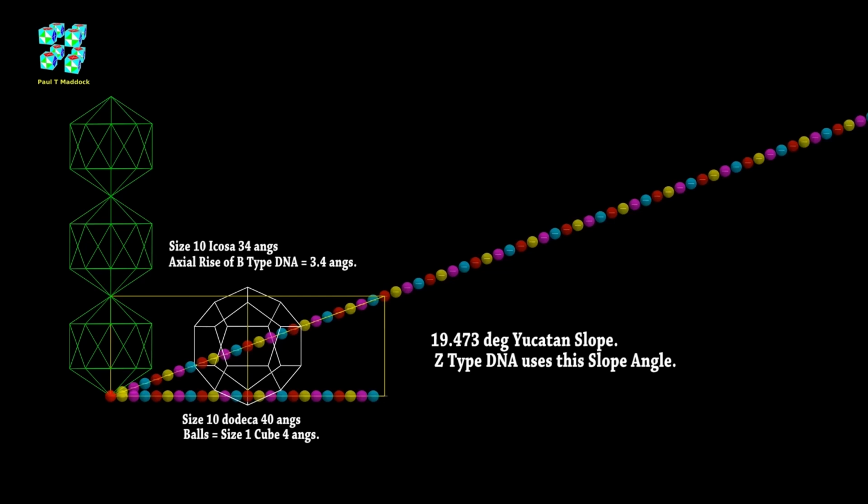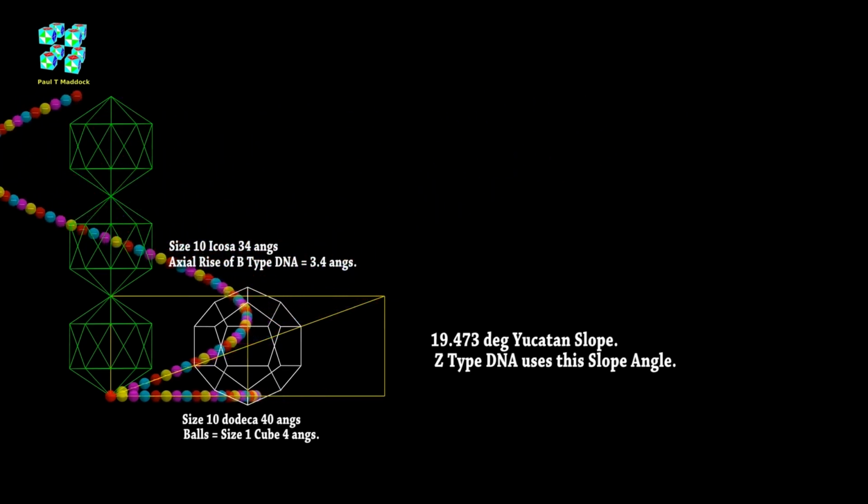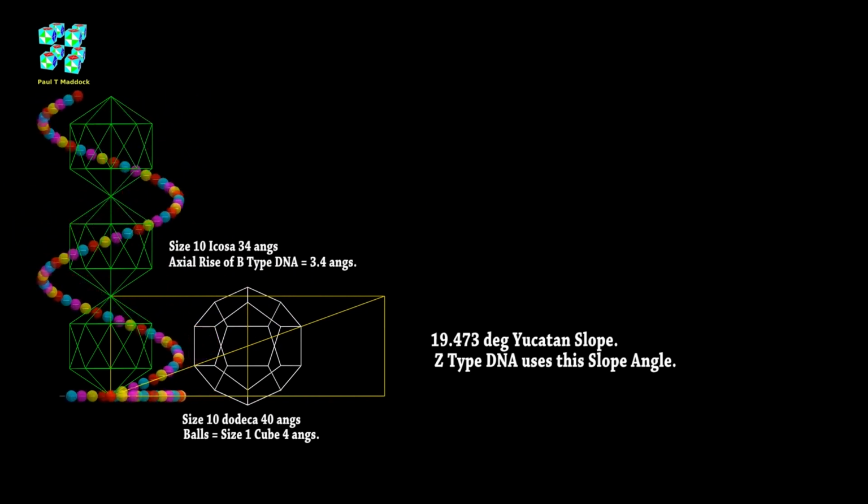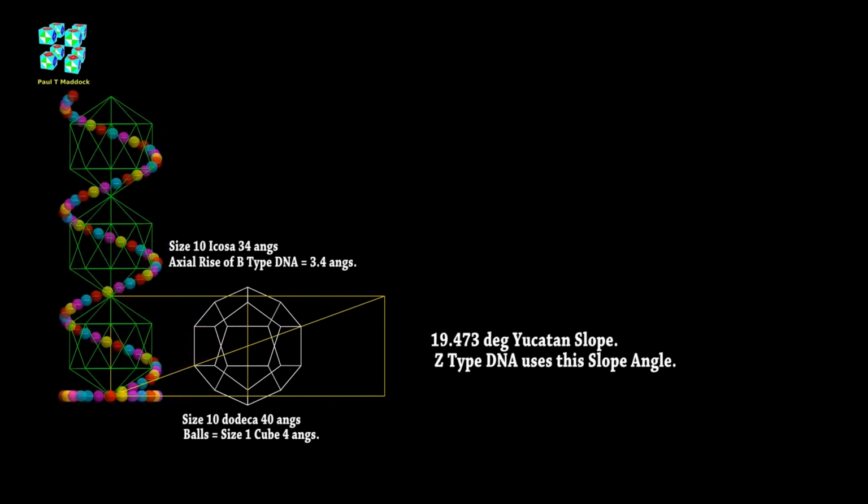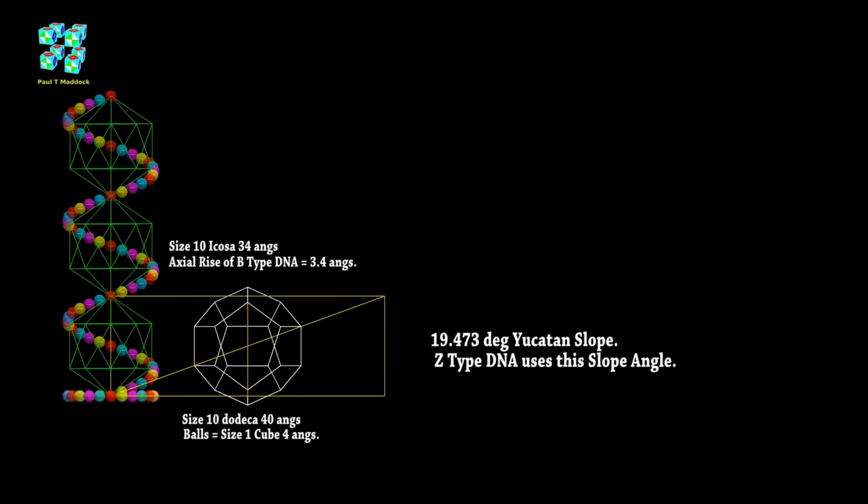Now look what happens when I make an anim and give each ball a hierarchical angle of about 3 degrees. We are producing a perfect sine wave between the vertices of the string of icosas. But I guess nobody must contradict the chaos theory. Anyways, I think this completes the Z-type DNA.